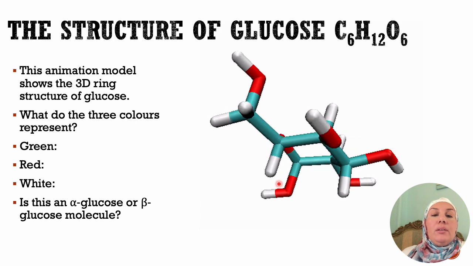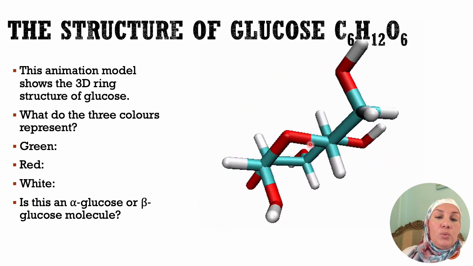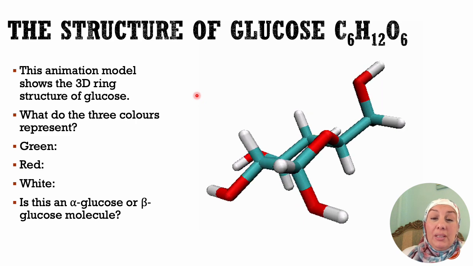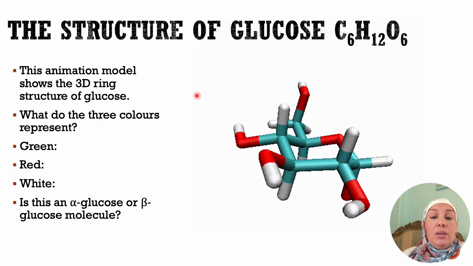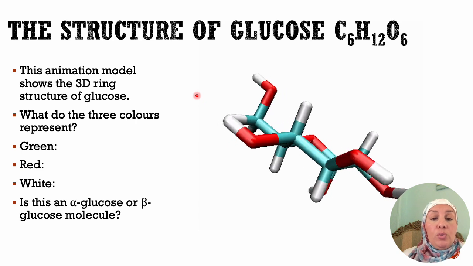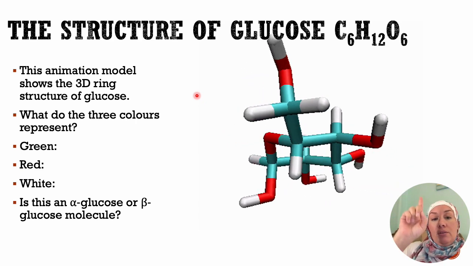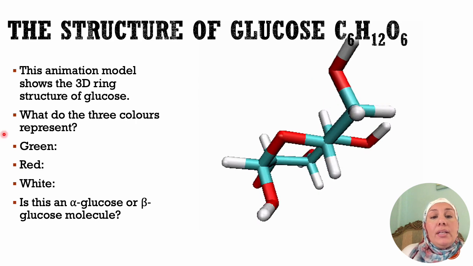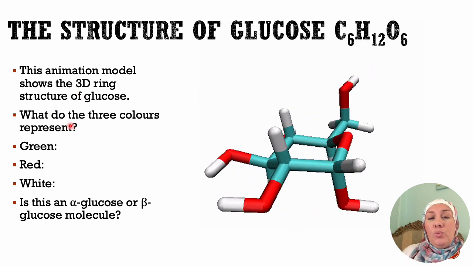And if we look at carbon number 1 now, we have a part that is hanging downwards, that looks a bit big, has a red part and a white part attached to it. So there's an oxygen and a hydrogen over here, and it's below the ring. And the hydrogen, the part that is white, is pointing out or above the ring. So which is that?